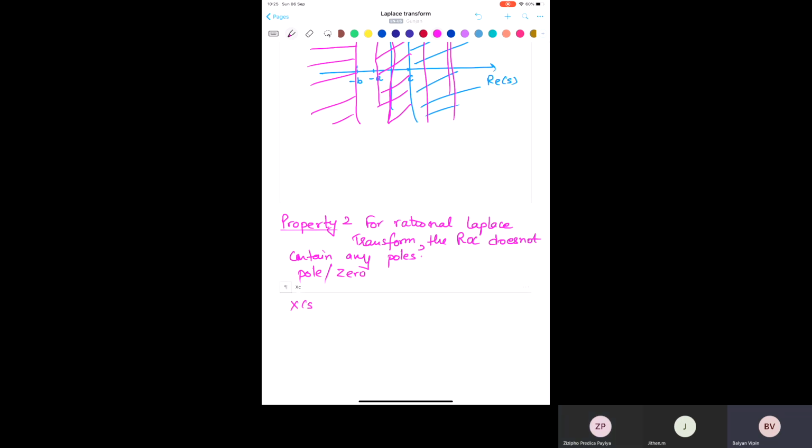Suppose I have X of s equals (s plus 2)(s minus 3) upon (s plus 1)(s minus 4).